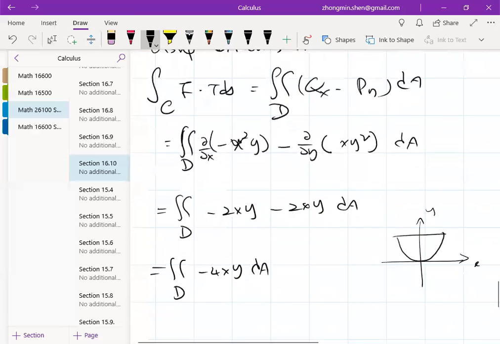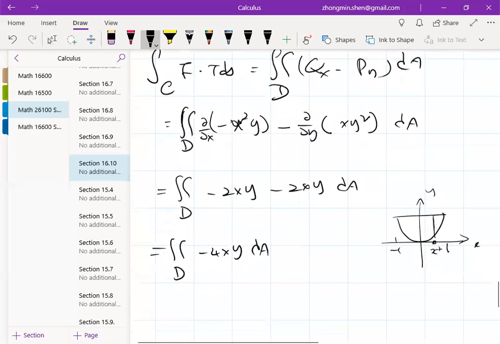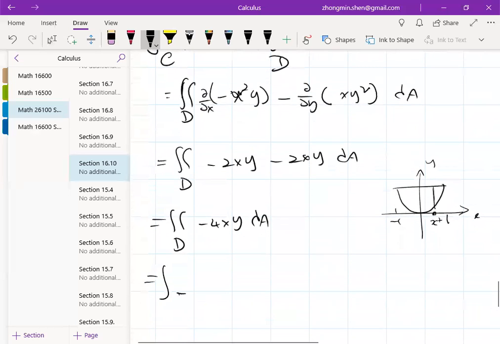The question is how to evaluate. You can put dx outside, or you can put dy outside. It really doesn't matter. But the best way is to choose x first and look at this horizontal line. So x should be outside.